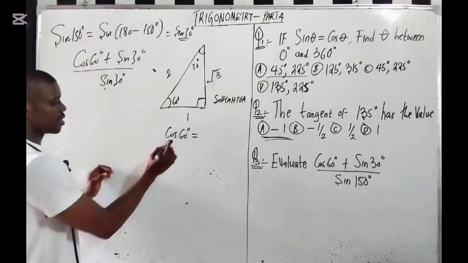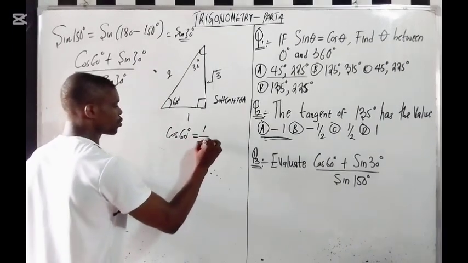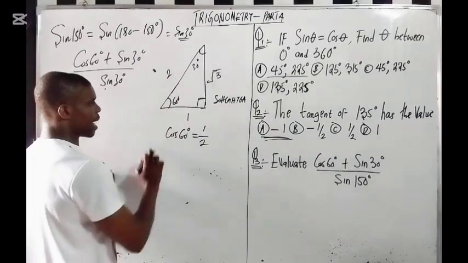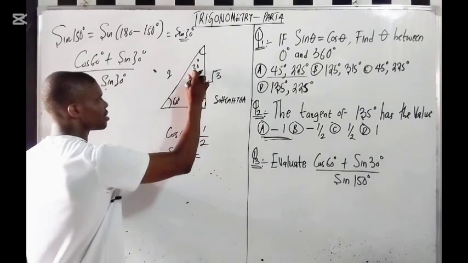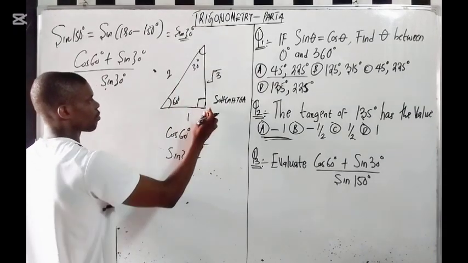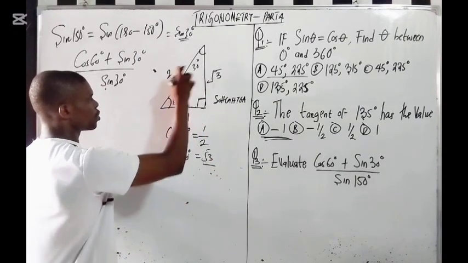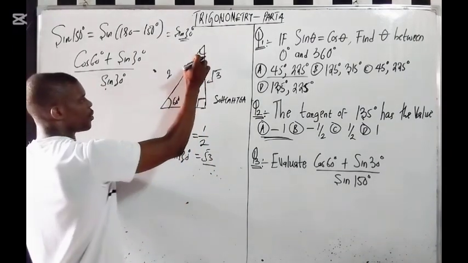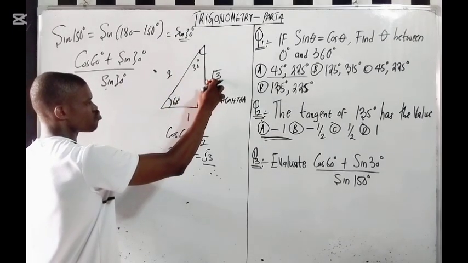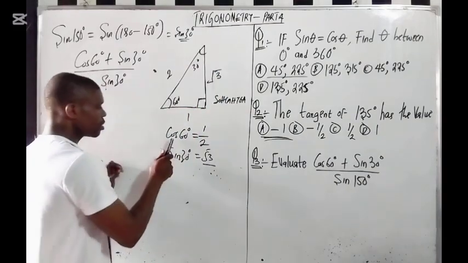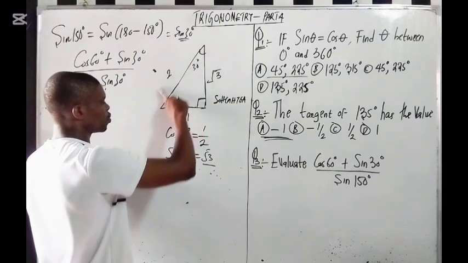So cos 60 degrees is adjacent over hypotenuse. So it's going to be 1 over 2, adjacent, which is this guy here, over hypotenuse. Cos 60 here is adjacent, this one here, over hypotenuse, which was 2.